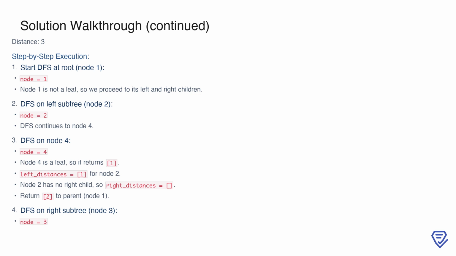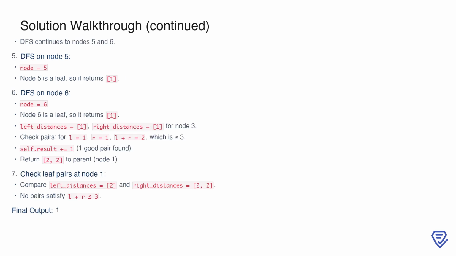Since node 2 has no right child, right_distances is an empty array. At node 2, we increment the distances from the left child by 1 and return 2 to its parent, node 1. Next, we begin exploring the right subtree of node 1, starting with node 3. Node 3 is not a leaf, so DFS continues to its children, nodes 5 and 6.